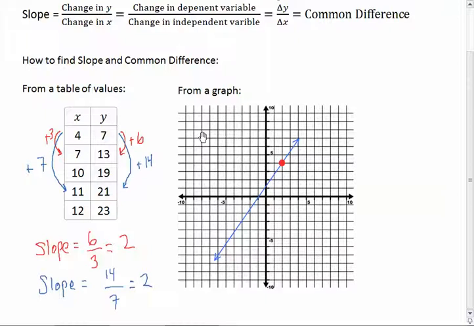It's a whole number, comma, some other whole number, or a positive number, comma, a negative number. Anytime you're dealing with whole numbers, positive or negative, we call those integral points.